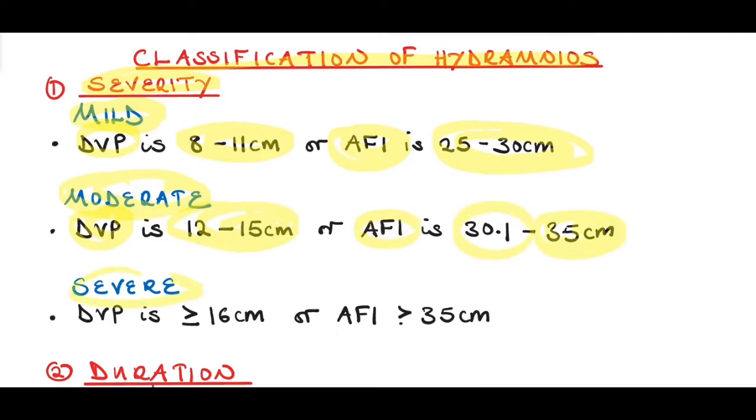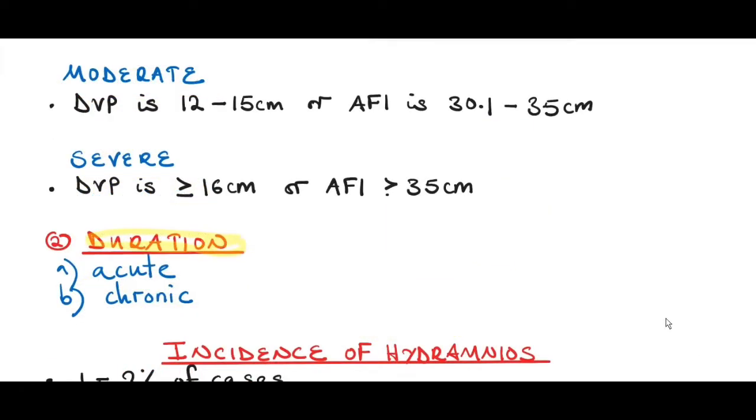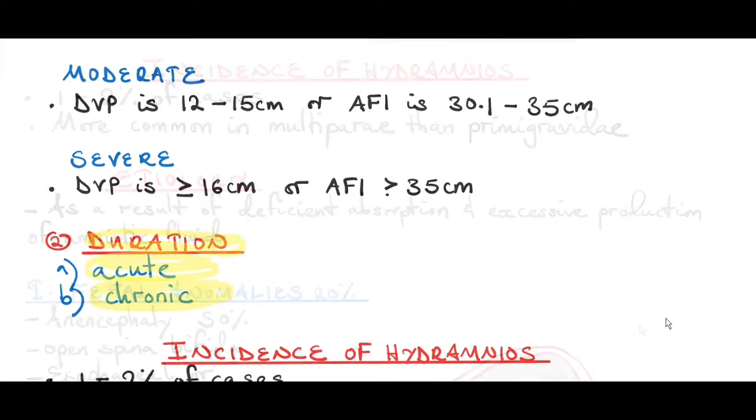In severe polyhydramnios, the deepest vertical pool is 16 or more than 16 centimeters, or the amniotic fluid index is more than 35 centimeters. Based on the duration, you can have acute polyhydramnios or chronic polyhydramnios.